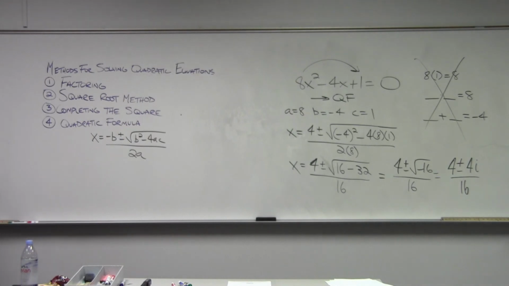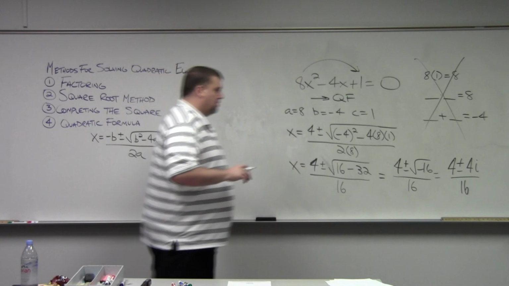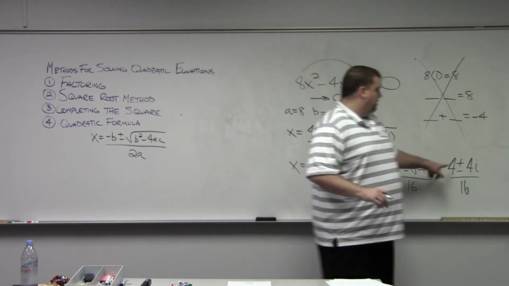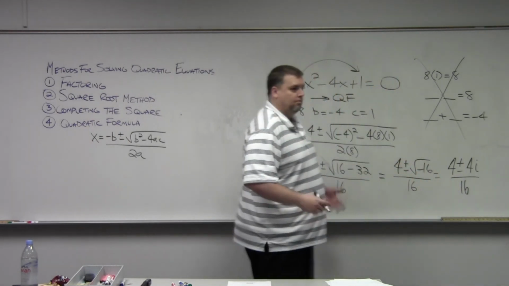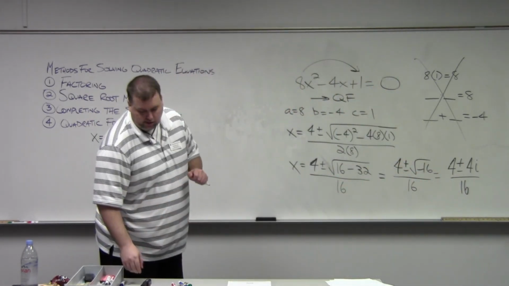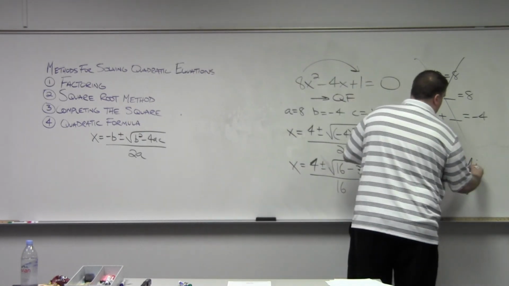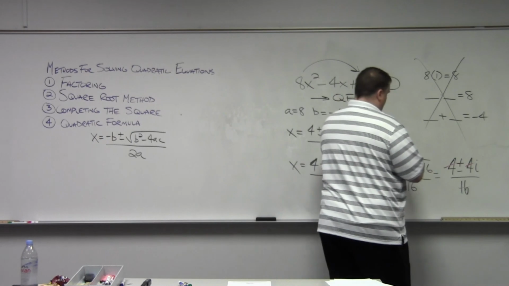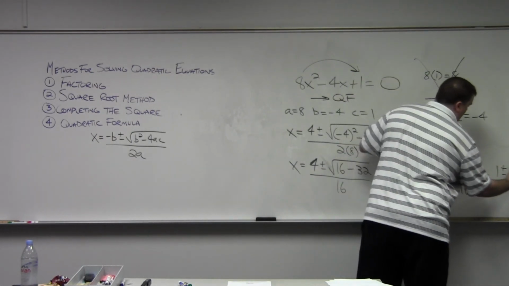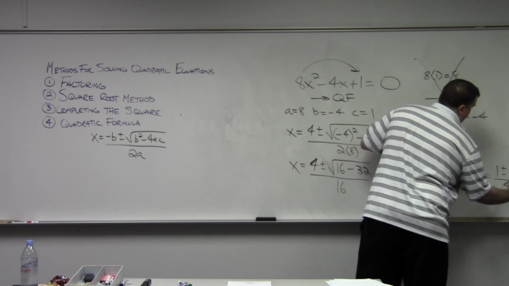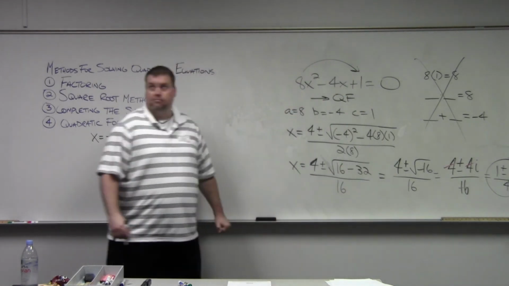Is there something common to 4, 4, and 16? 4. So we could just divide all of these by 4. And if you do that, you get 1 plus or minus 1i over 4. And that would be my answer to that one.